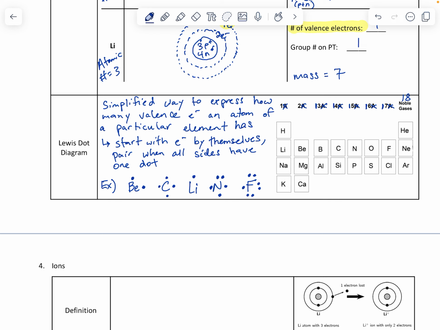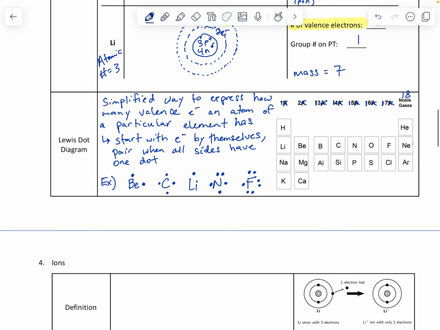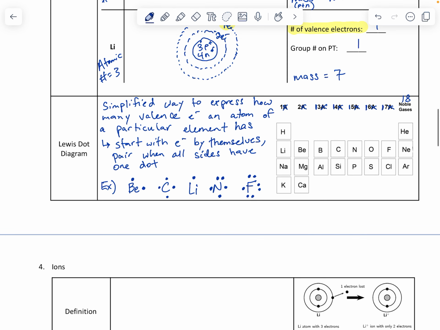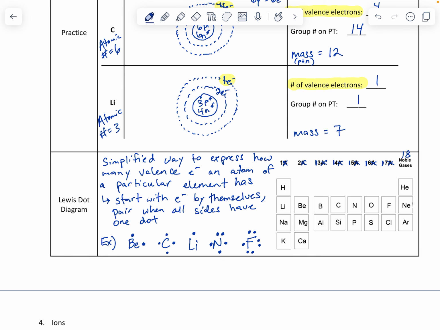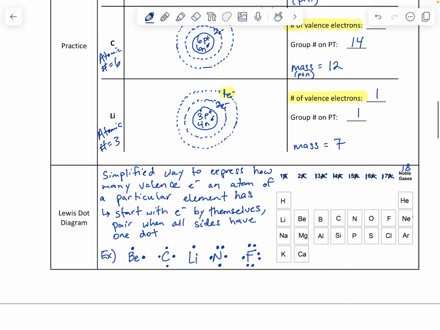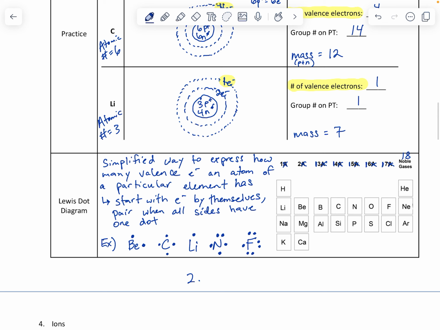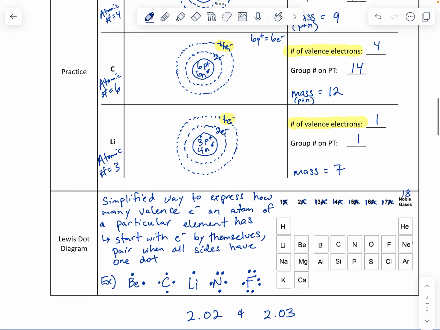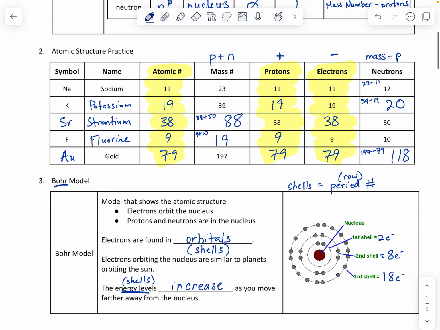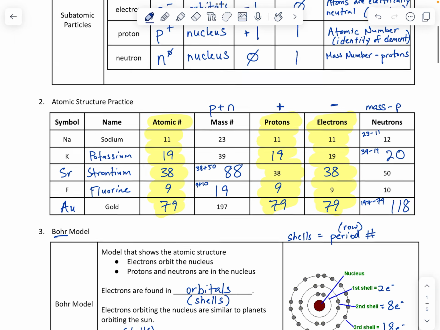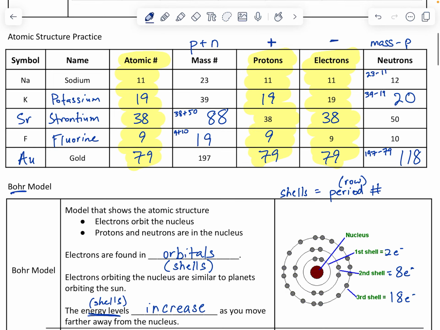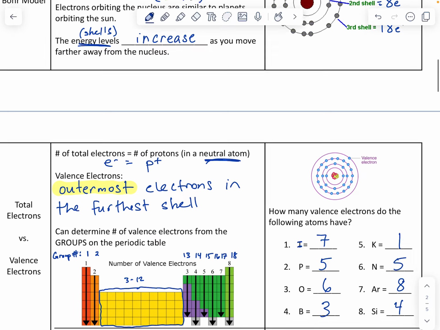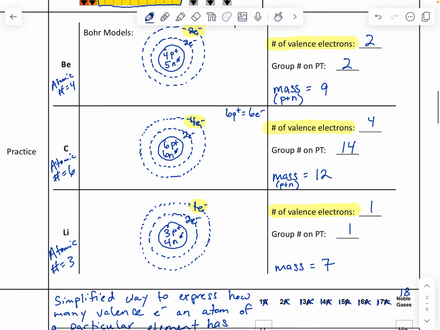But that is the extent of the notes that we had covered in class. So this should at least help you go through and fill in anything you missed, and we will have assignment 2.02 and 2.03 that go along with this set of notes, particularly being able to identify the number of those subatomic particles within an atom for a specific element, and then drawing our Bohr models here.